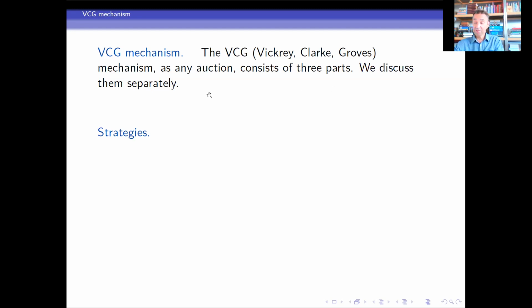Strategies are relatively simple, at least simple to describe. VCG is a one-shot auction mechanism. So what people report is a valuation function, and they do that independently of each other. They don't know what the others are reporting.